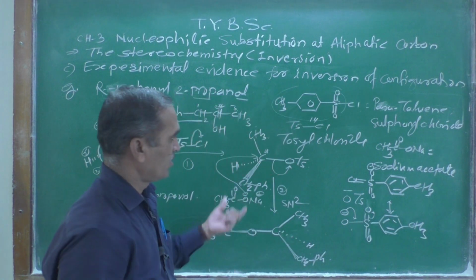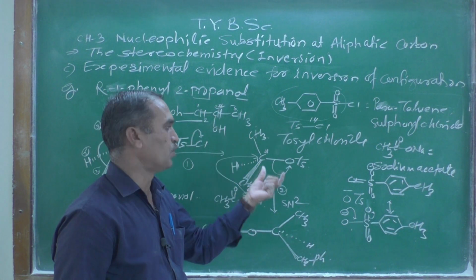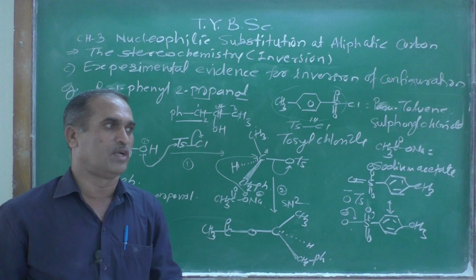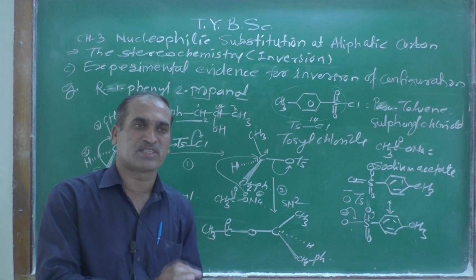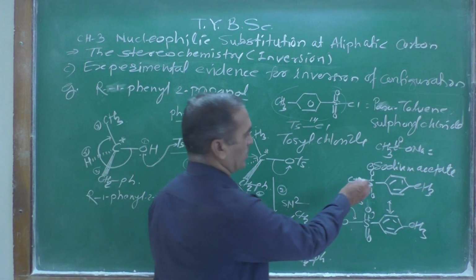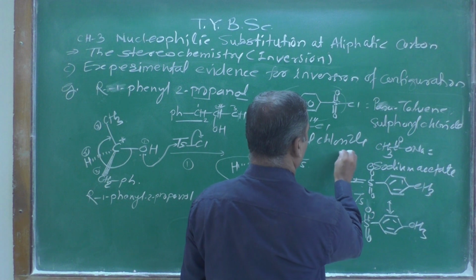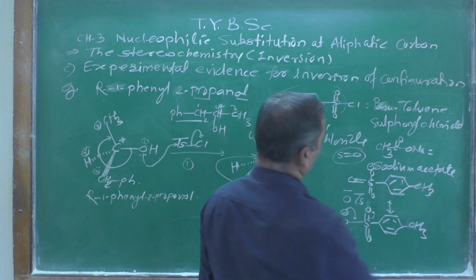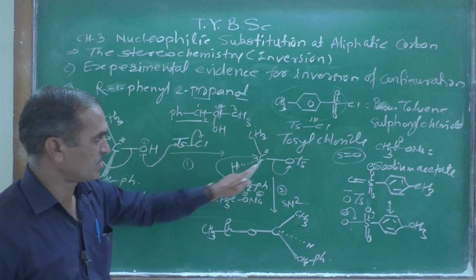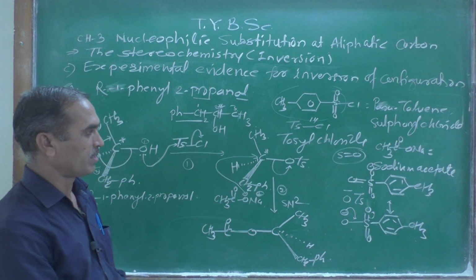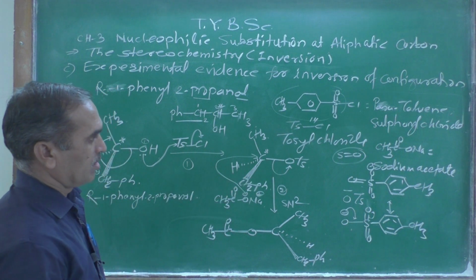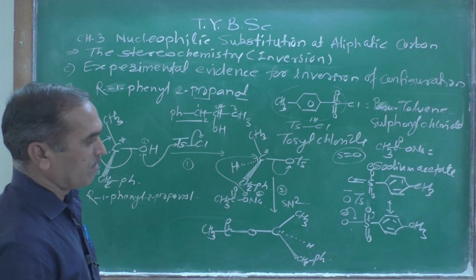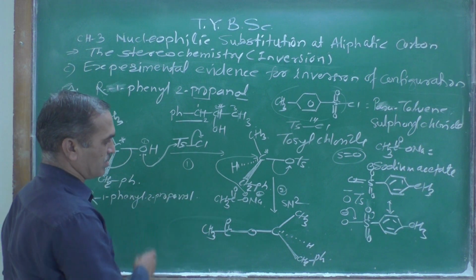And this is why it is a good leaving group: it is well stabilized due to the S double bond O resonance effect, and that's why it is an excellent leaving group, well stabilized due to the resonance that is there.